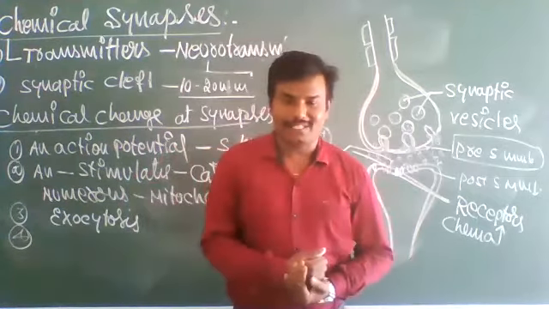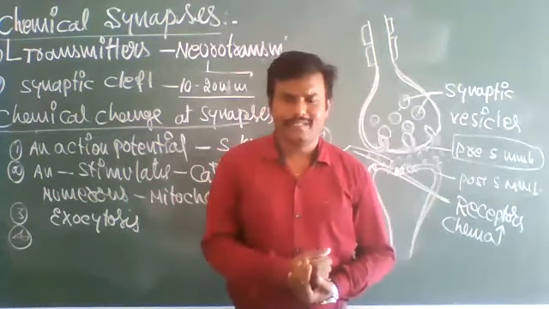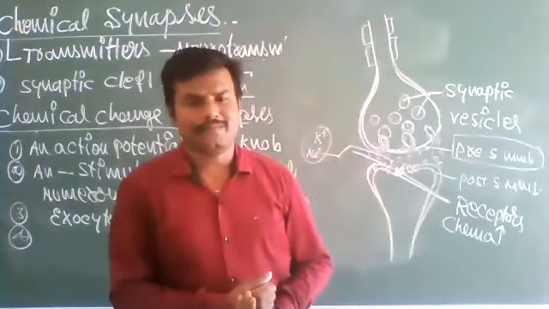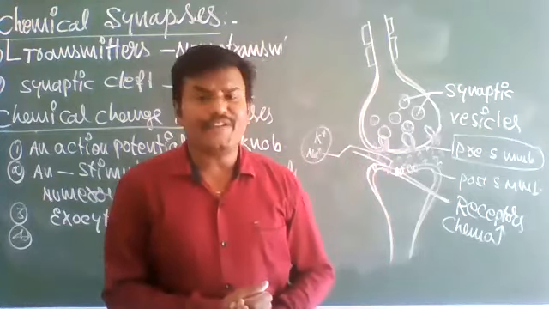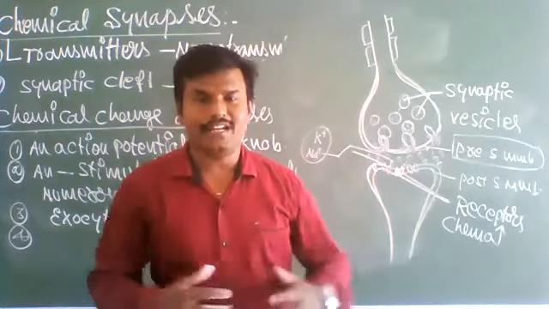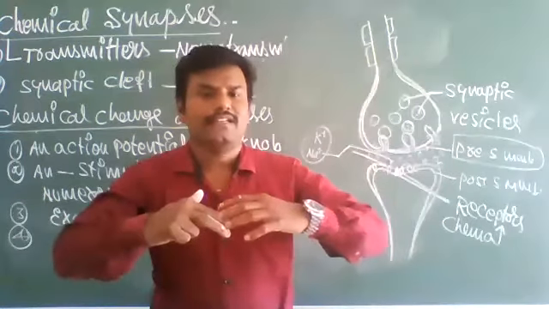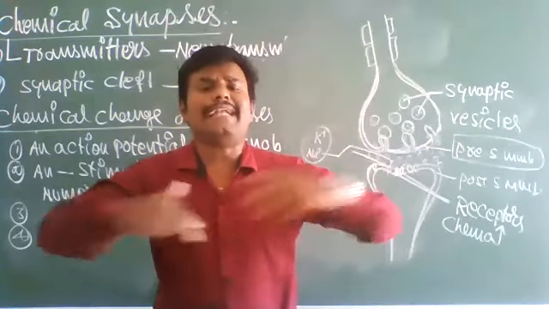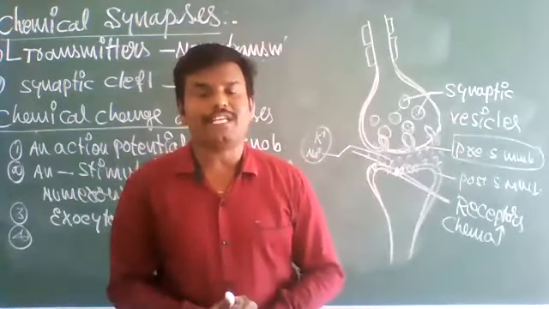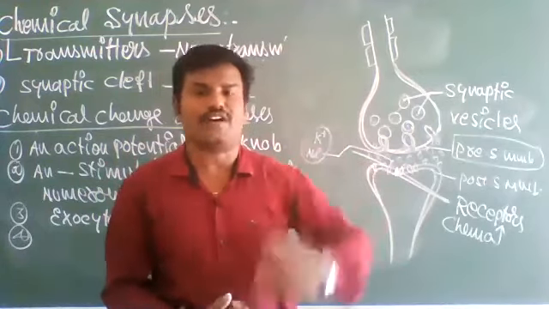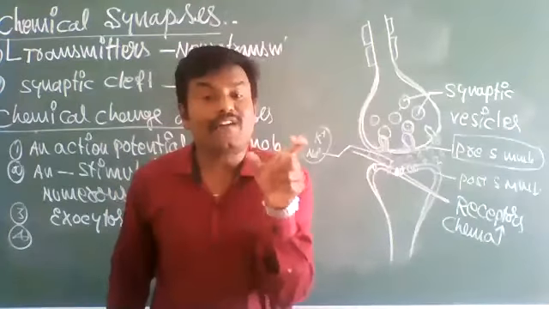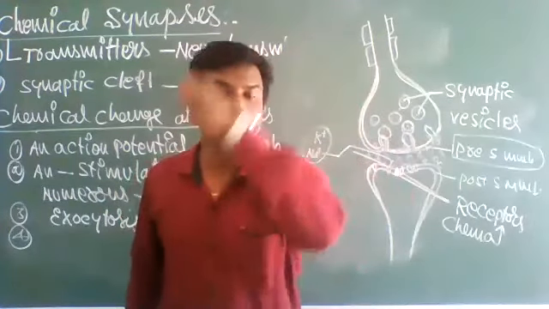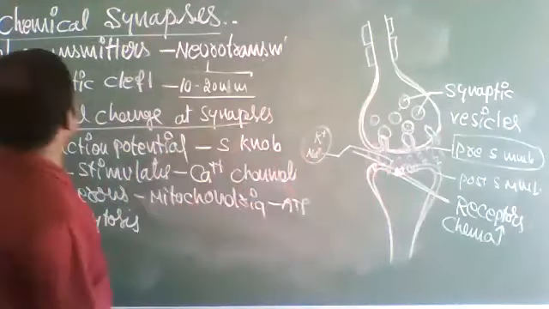Chemical synapses. There are different neurons. More than 30 different types of neurotransmitters have been identified so far in the human body. With this, the topic is finished.